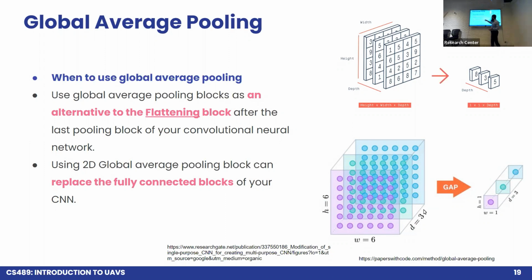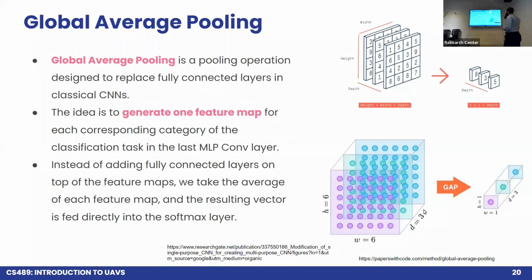You can replace your fully connected blocks by an average pooling on the last layer features, to have only a one-dimensional vector. That's one of the possible ways. Here the idea is to generate a feature map for each corresponding category of the classification task in the last multilayer perceptron convolution layer, instead of having a flattening operation.